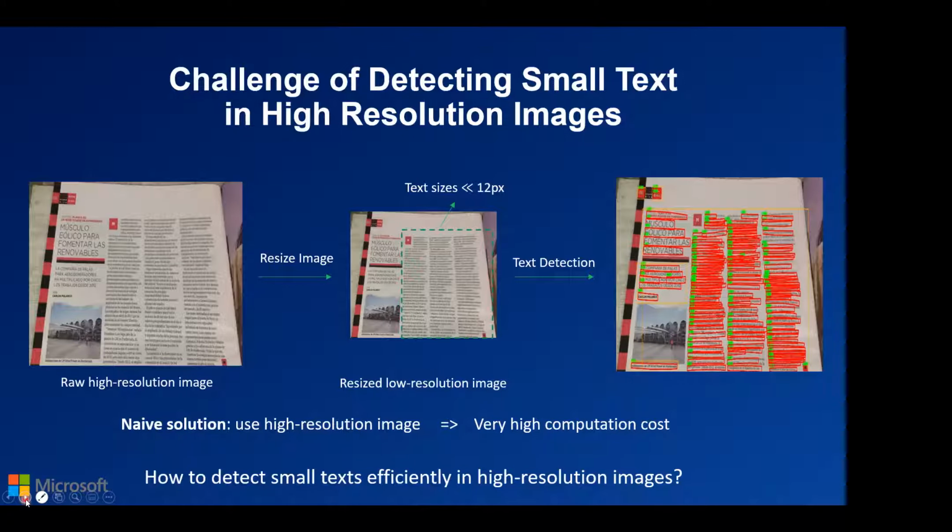So if the image contains really, really dense text, then after resizing you still have the issue of some of the texts being too small, let's say below even 12 pixels in height. Even a human would have difficulty recognizing these texts after resizing. So if you run the typical text detector, you end up with a result like this, which is not very good.